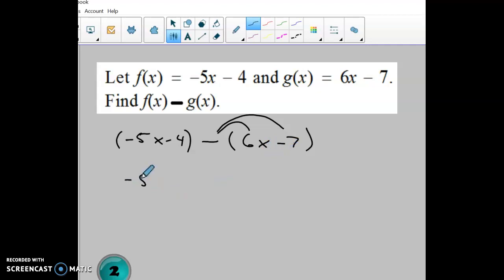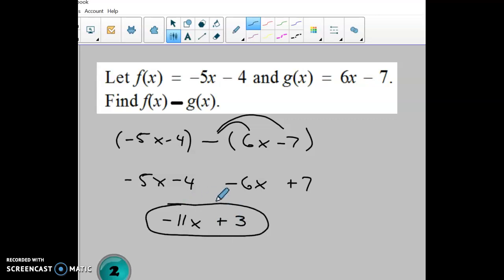So you minus 6x, but then you actually add 7 because you're minusing a negative. So -5x minus 6x is -11x, and then -4 plus 7 ends up being +3. The one mistake I usually see on the test is forgetting that the negative distributes to both parts.